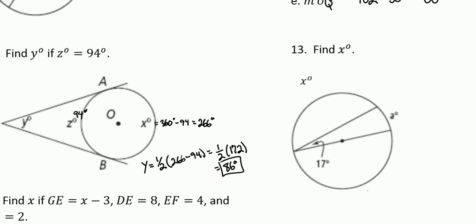We're looking for angle X. Angle X is the measure of this arc right here. They give us 17 degrees in this inscribed angle. So A is double 17, so 2 times 17, or 34.